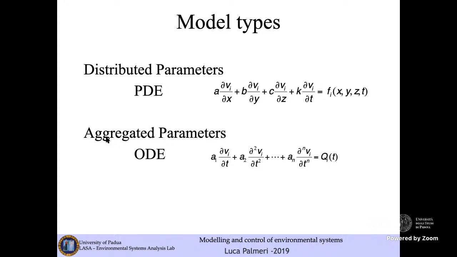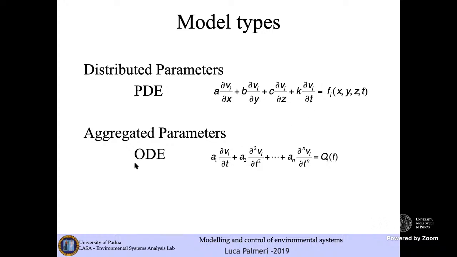In the case of distributed parameter models, or models in which the parameters depend on time and position, we typically employ partial differential equations, as I try to synthesize by this writing here, in which we have derivatives of the state variables onto the different spatial coordinates, for example derivatives in x, in y, in z, but as well derivatives in the temporal coordinate, derivatives in time.